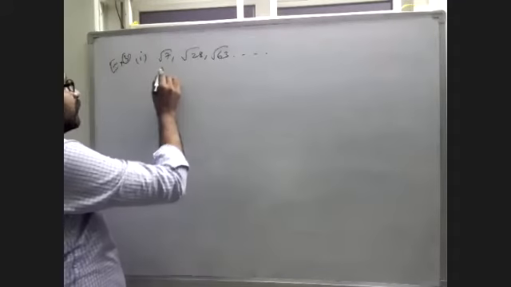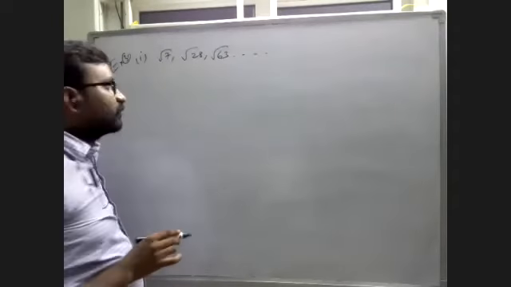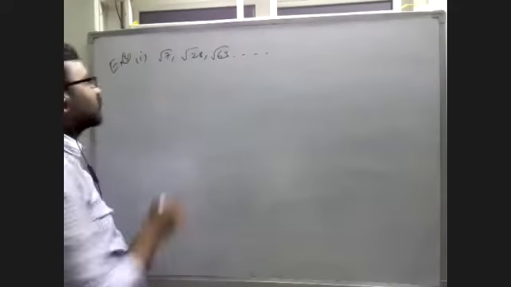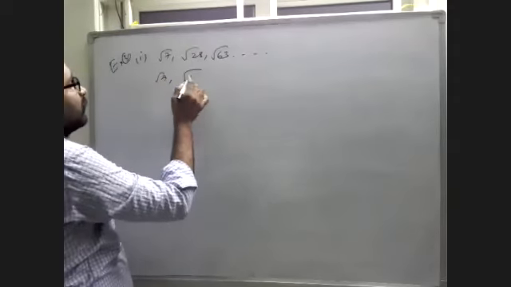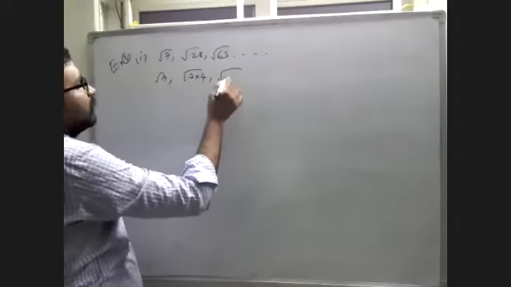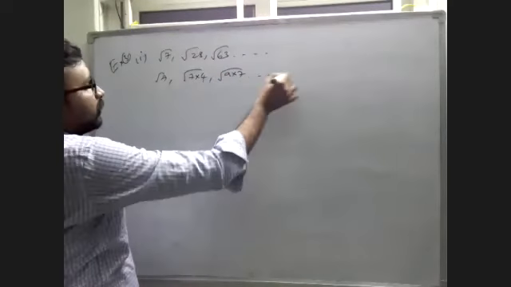Now see, we have to show first that this is AP. To prove this is AP, first we have to write these in simple form. This is root 7, this is root over 7 times 4, and this is root over 7 times 9, and so on.